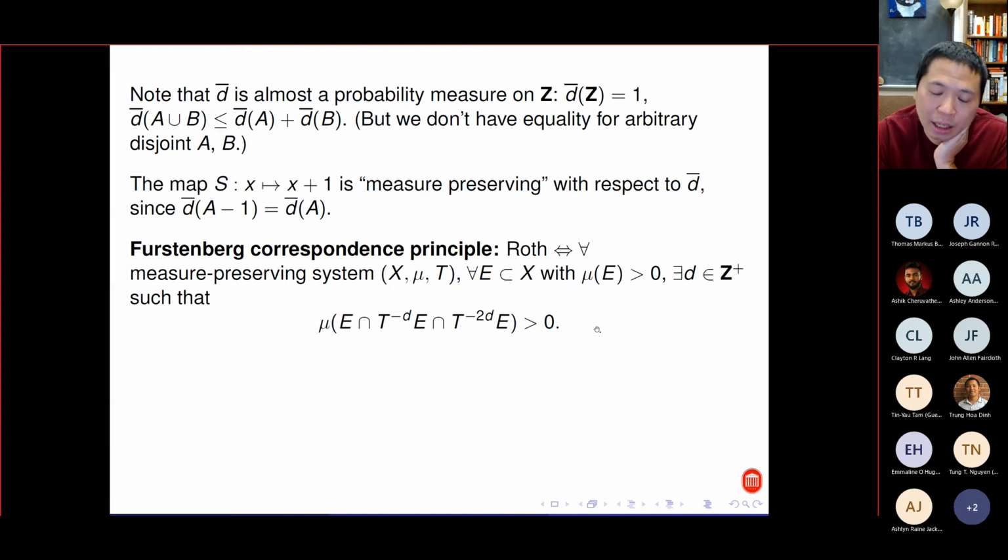And here's a statement which is equivalent to Roth's theorem.